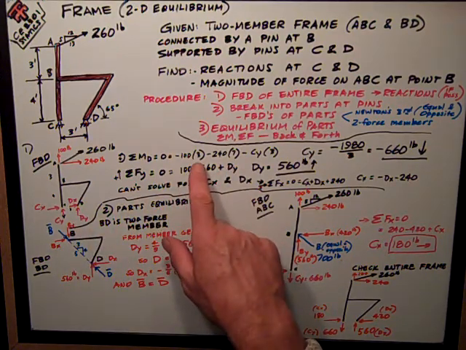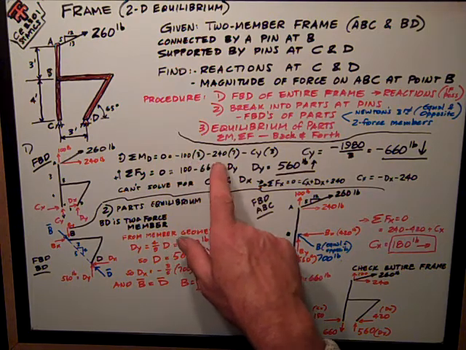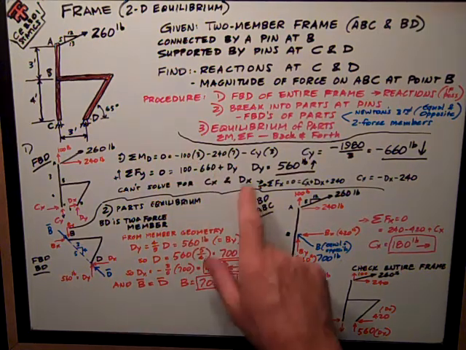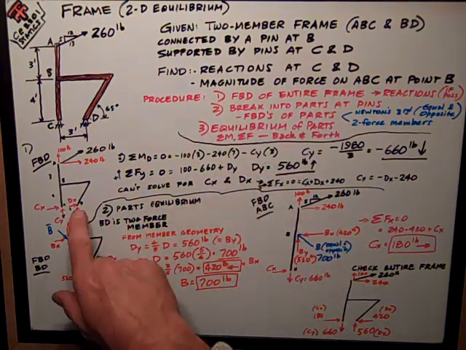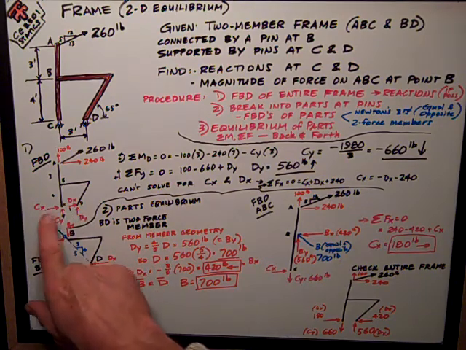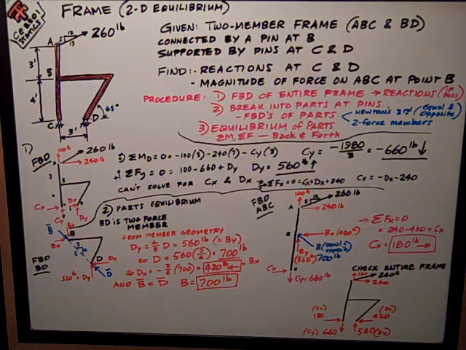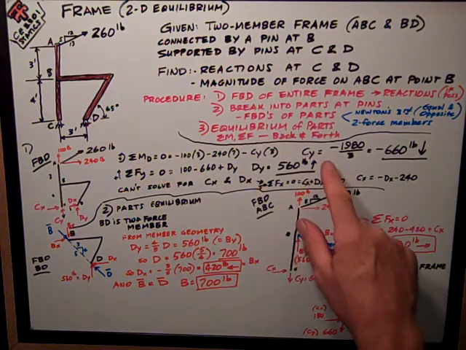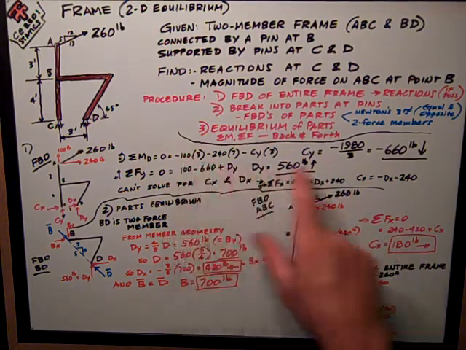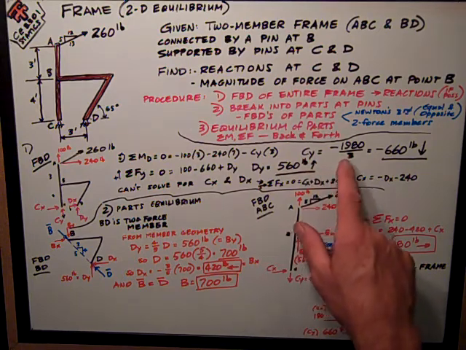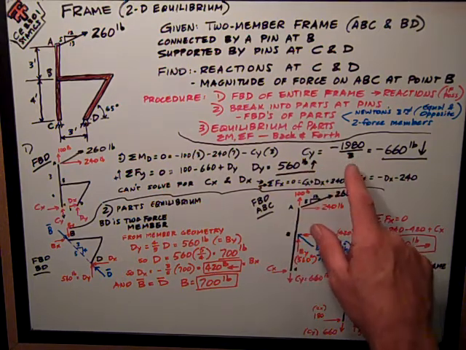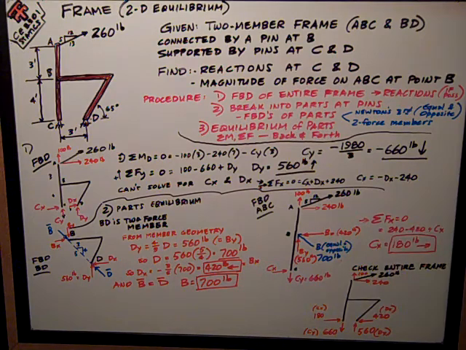Those forces times their distances, the moments they create. And then CY, I'm summing moments about D, so CX intersects it, so it doesn't contribute to moment about D. Anyway, I can do the math there, and I get negative 1980 divided by 3 is what CY is equal to. That's negative 660 pounds.